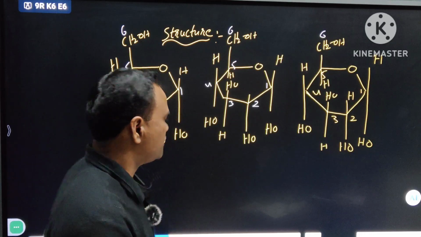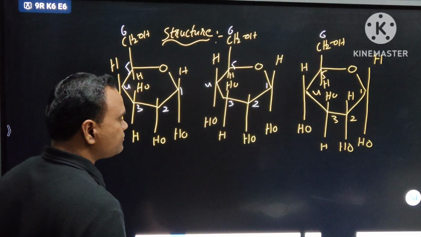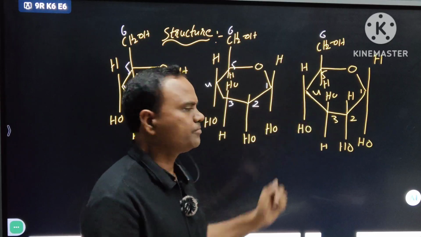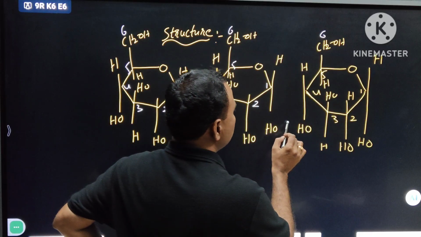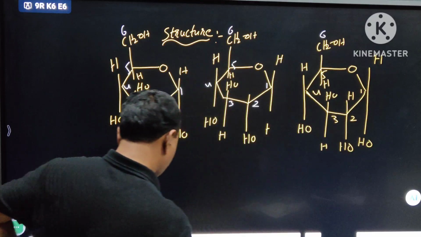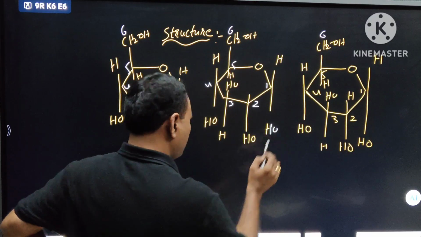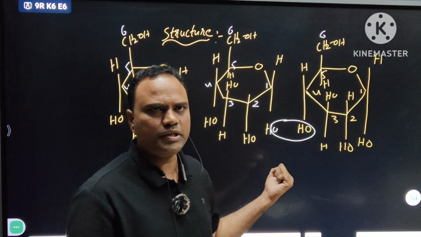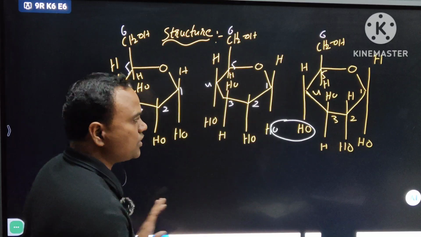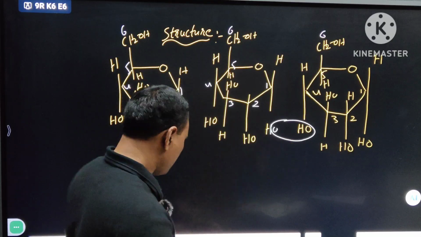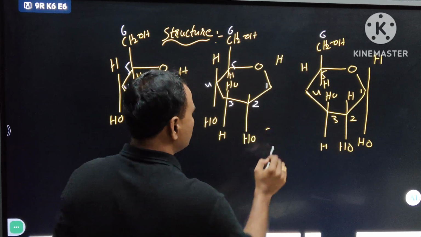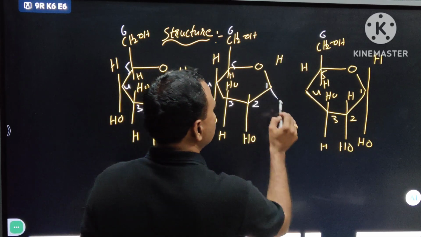Now look at this. C1 C4, eliminate water from these two, remove water. H2O will be eliminated. So here we can write oxygen in between these two.